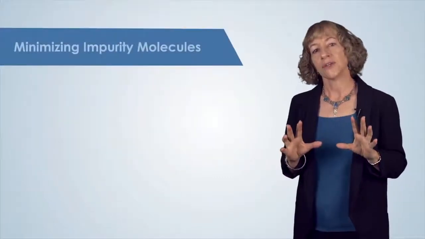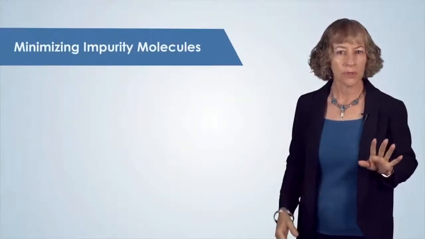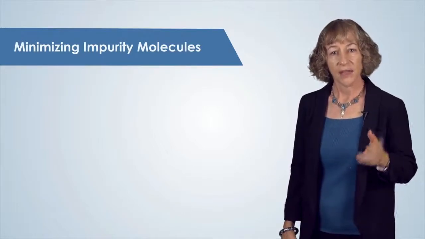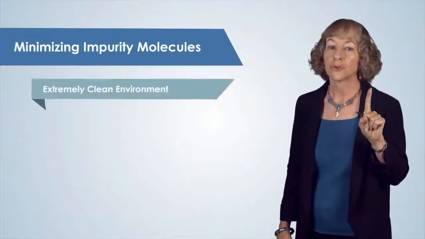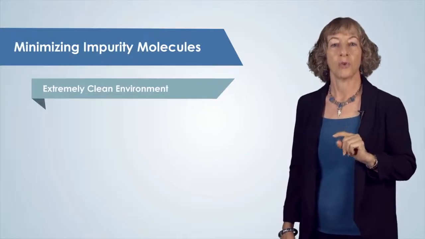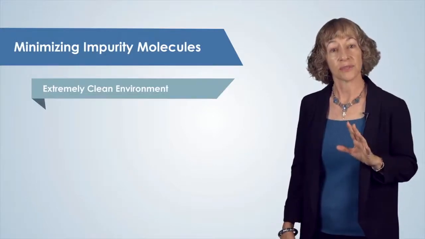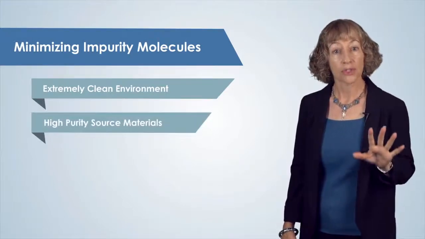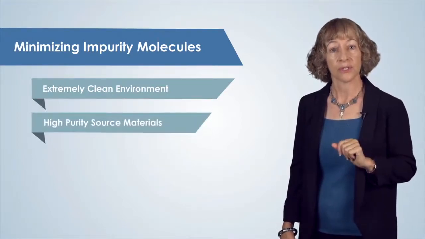For high yield, we need very pure layers of the thin film materials that we deposit. This first requires an extremely clean environment, which can be found in a high vacuum system. Second, we need to use high purity source materials for deposition.